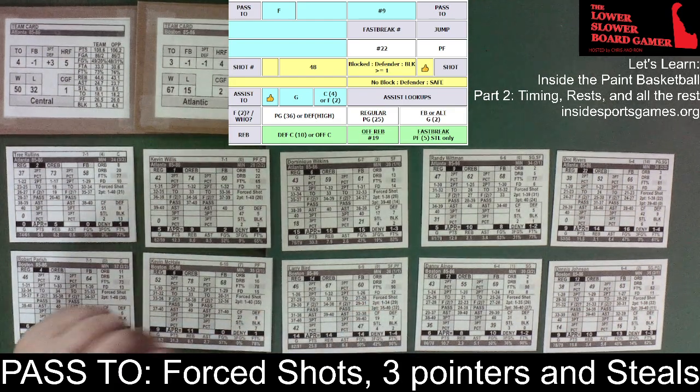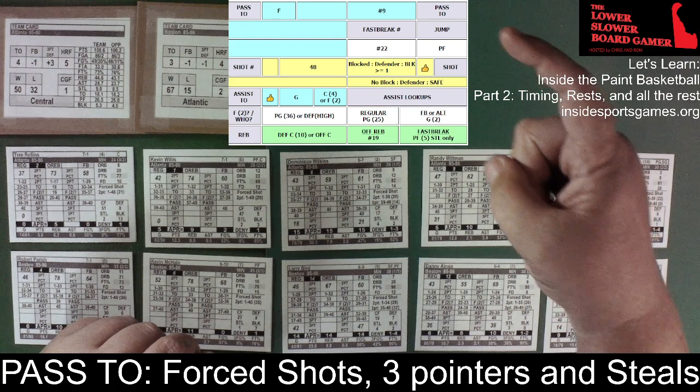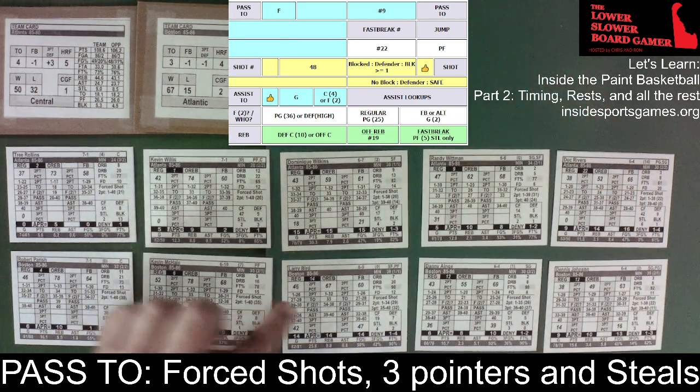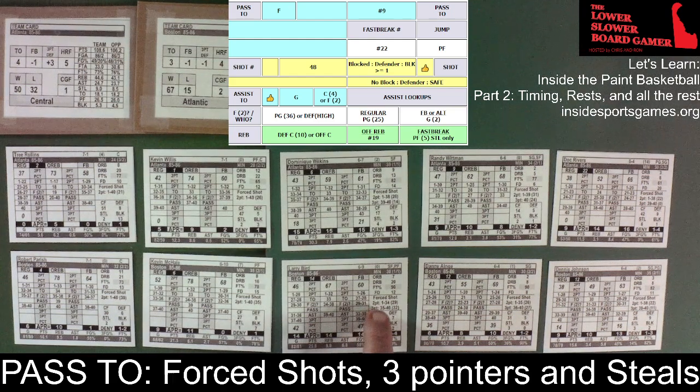So we are going to look over here at the shot number right up here, which in this case is a 9. Larry Bird, 2-pointer would be 1 to 34. 3-pointer would be 35 to 40. So number 9 falls in the 2-pointer, and it also gives you the number he has to beat in order for it to be a good shot. In this instance, it is 29.